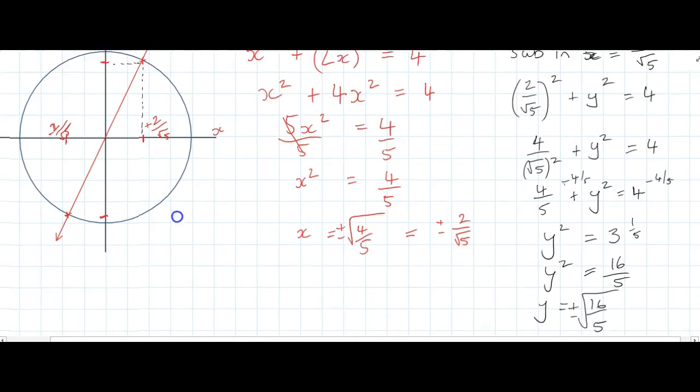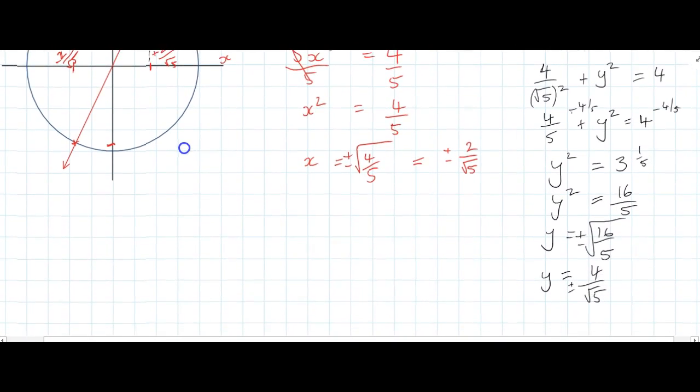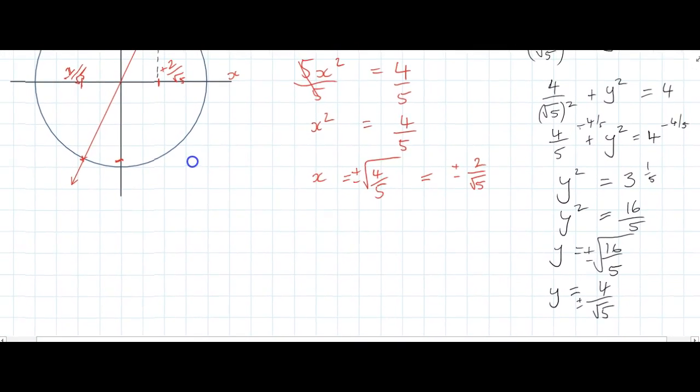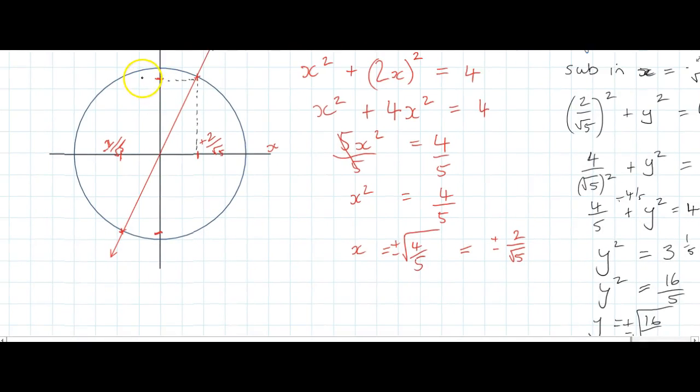So the top one is the positive version, 4 over root 5, and this will be negative 4 over root 5. So the coordinate pairs are going to be this, and the negative version down the bottom there.